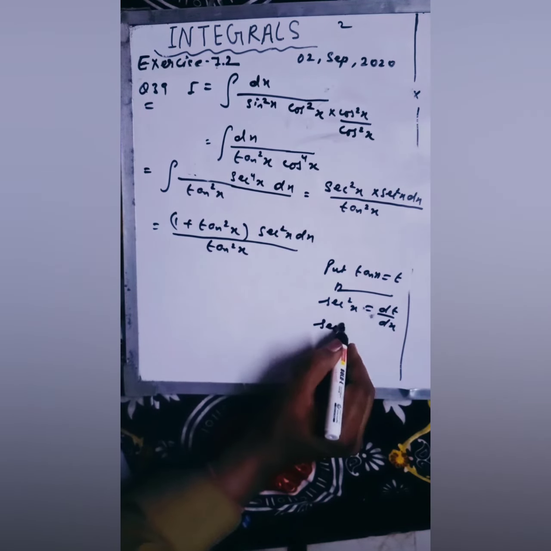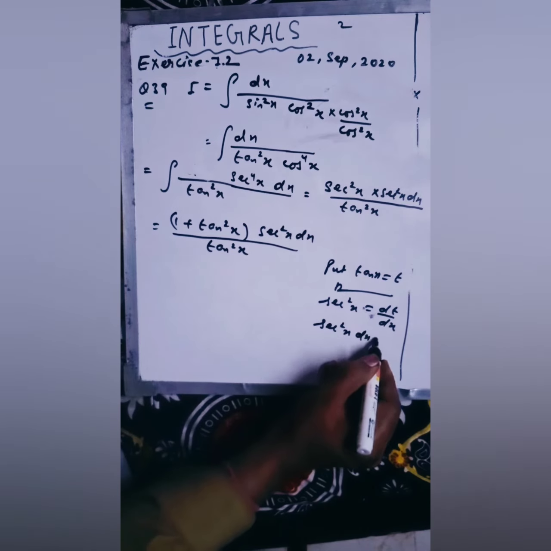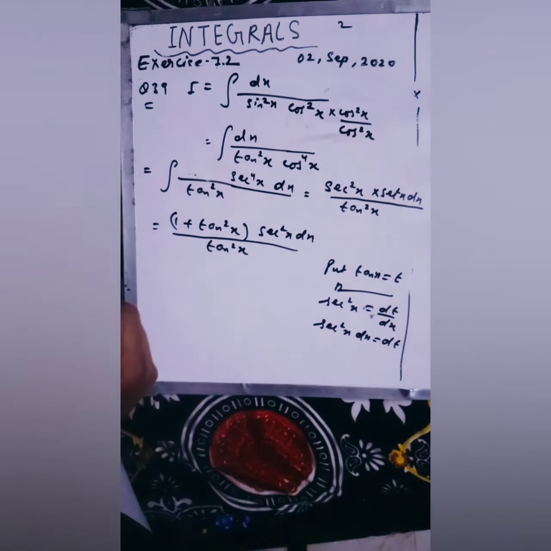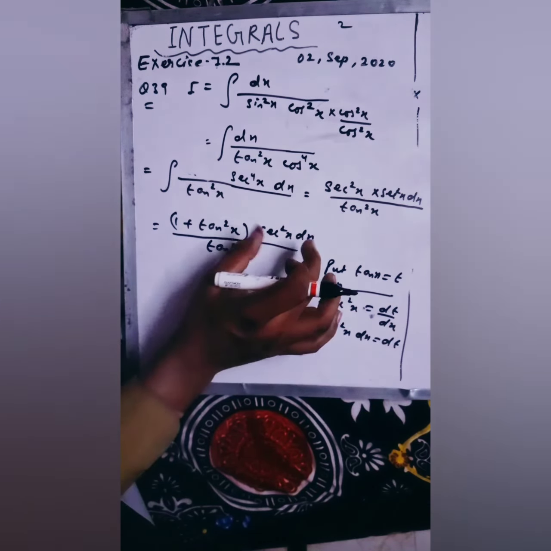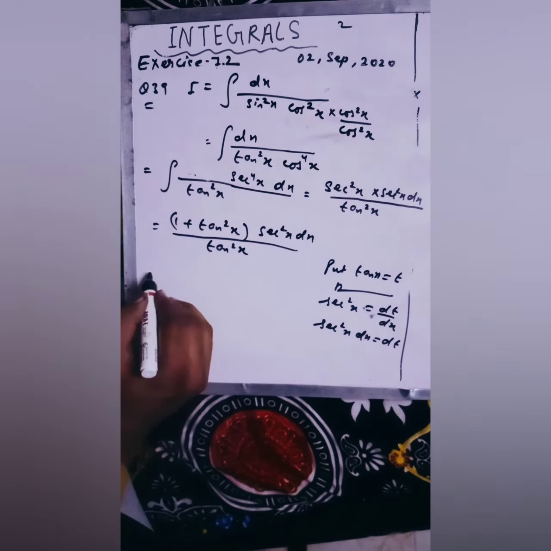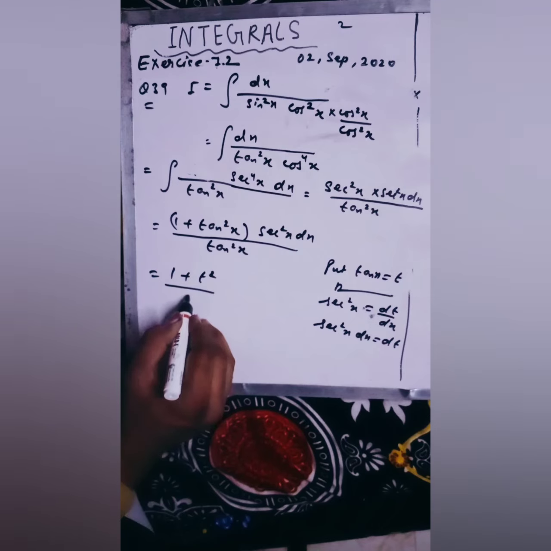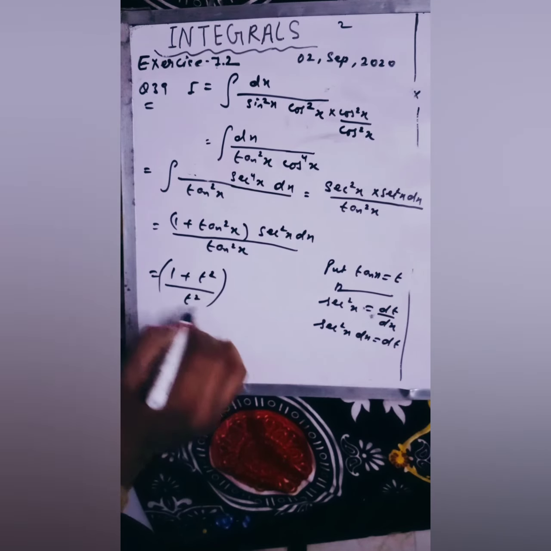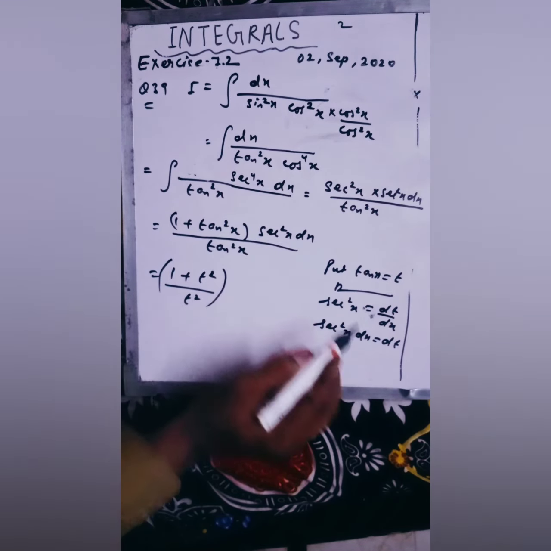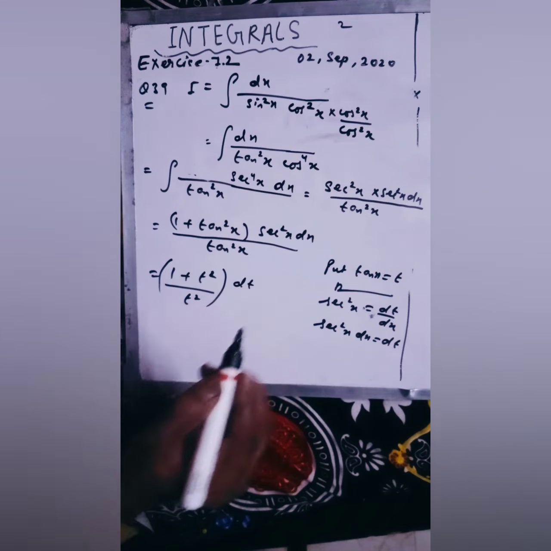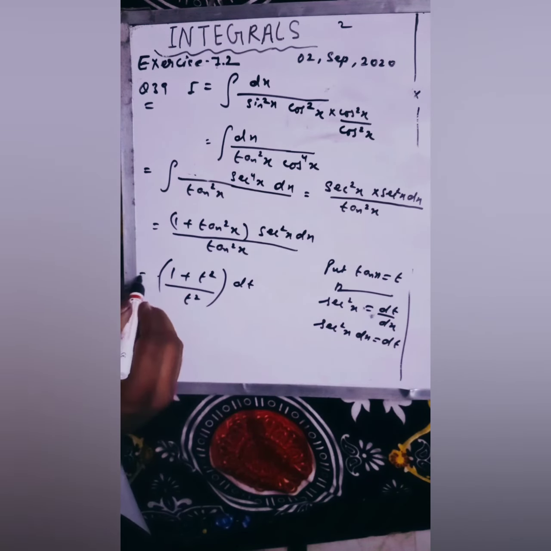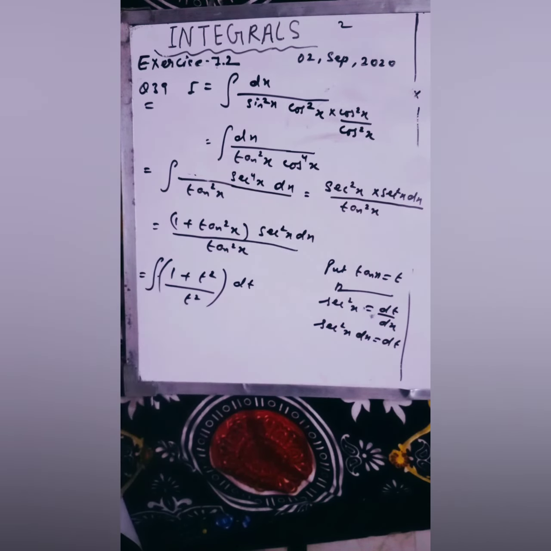So sec square x into dx is equal to dt. So in place of this, 1 plus t square, and in the denominator you are getting t square, and sec square x into dx would be dt, with the integration sign.